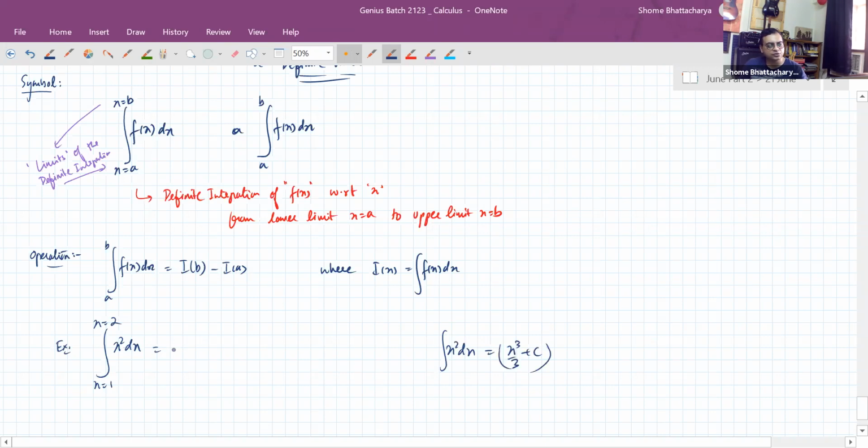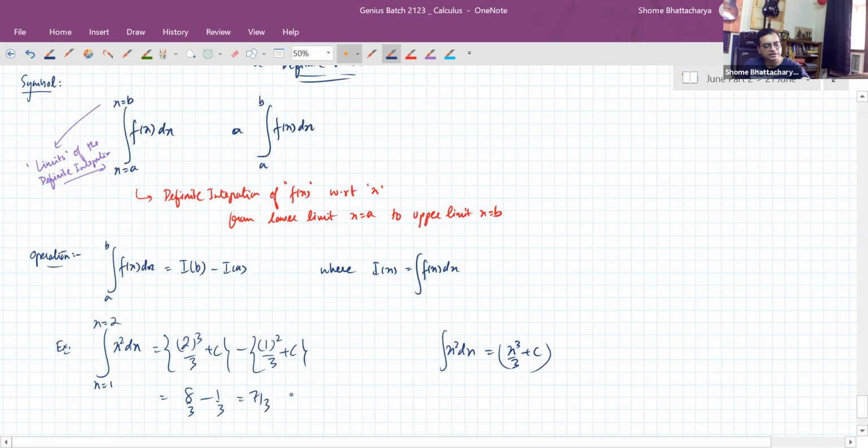So it will become the value of x cubed by 3 plus c at 2. Okay. So it will become 2 cubed by 3 plus c minus the value of the indefinite function at 1. Okay. So ultimately we'll see this will become 8 by 3 minus 1 by 3. So it becomes 7 by 3.